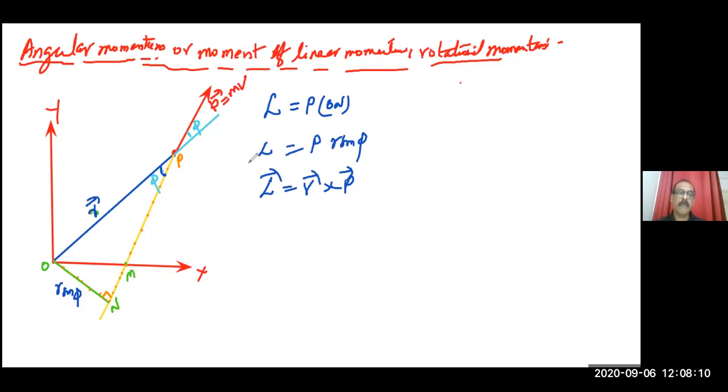Line of action means P n. See, from P we are extending it, P n. Then write L is equal to P into ON.